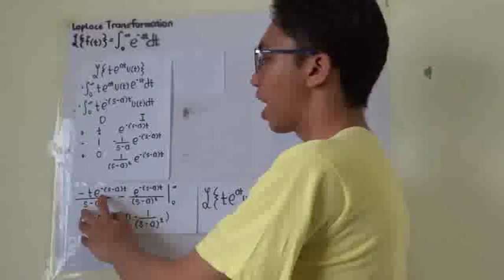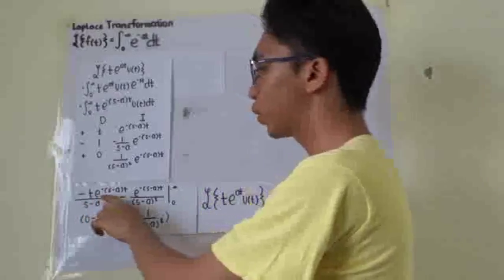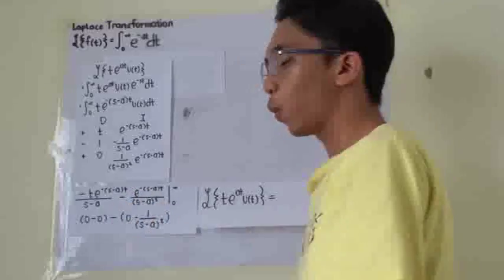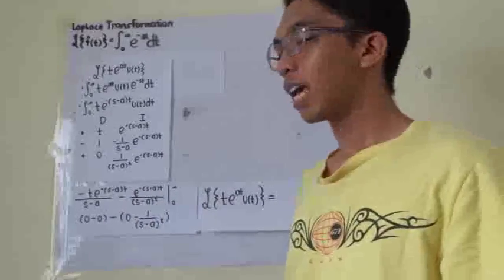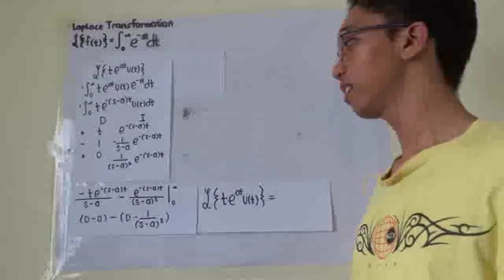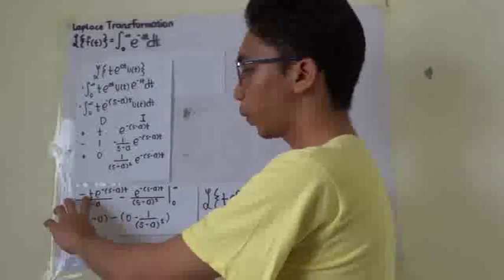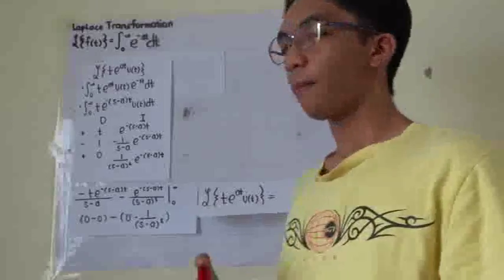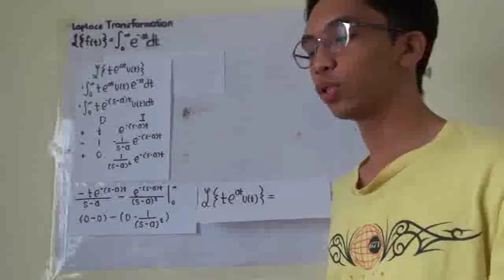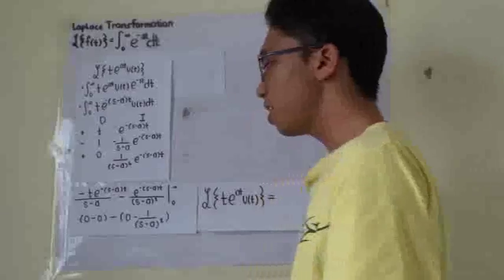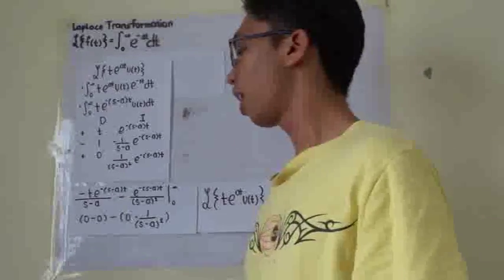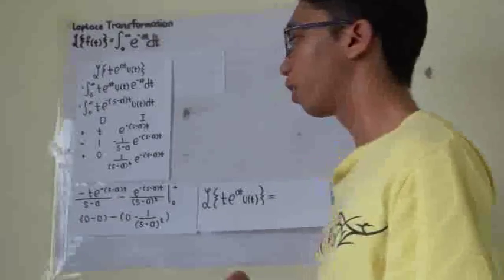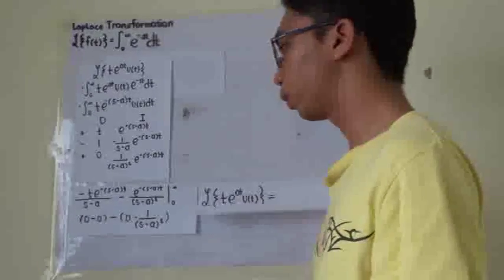Since we have e raised to negative quantity s minus a t, when we have the limit of 0, e raised to 0 is equal to 1 times 0 is equal to 0, as well as at positive infinity, a very large number when raised in e will approach 0.